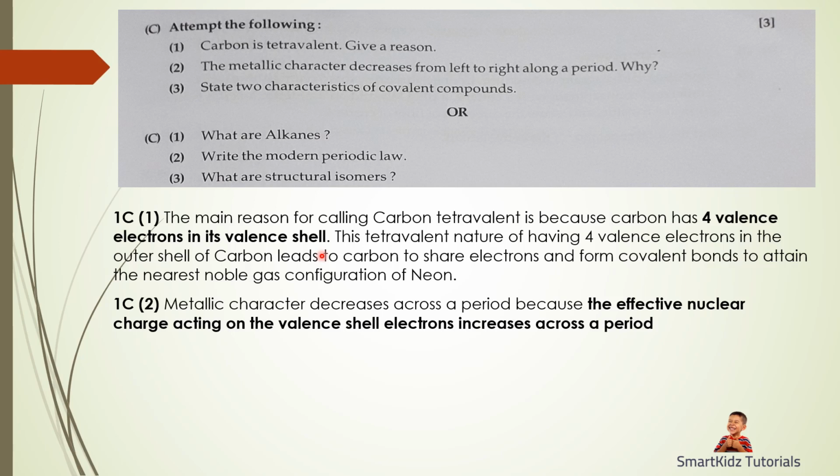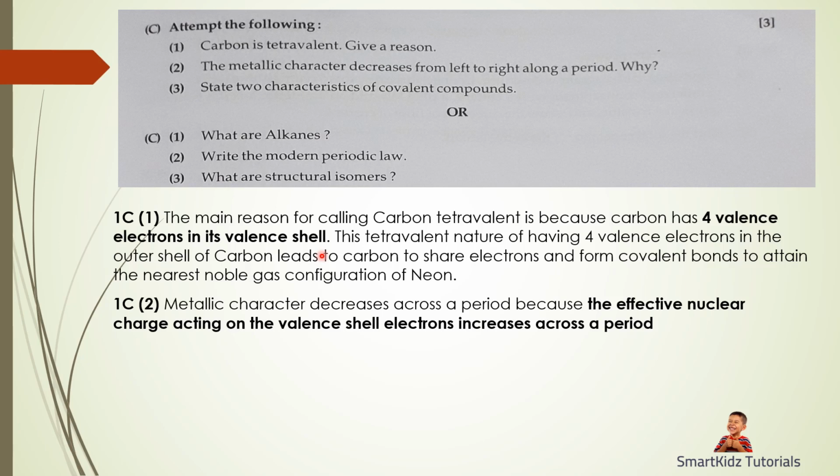So when the effective nuclear charge is less, metallic character is more. So across a period, the attractive force of the nucleus becomes stronger. As a result of which, the metallic character across a period decreases.